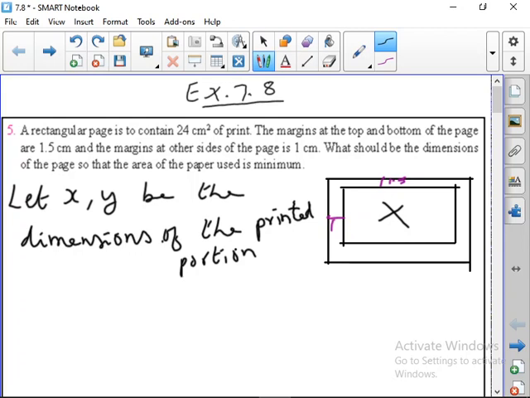Now, what about the dimension of the poster? The whole rectangle is the poster.